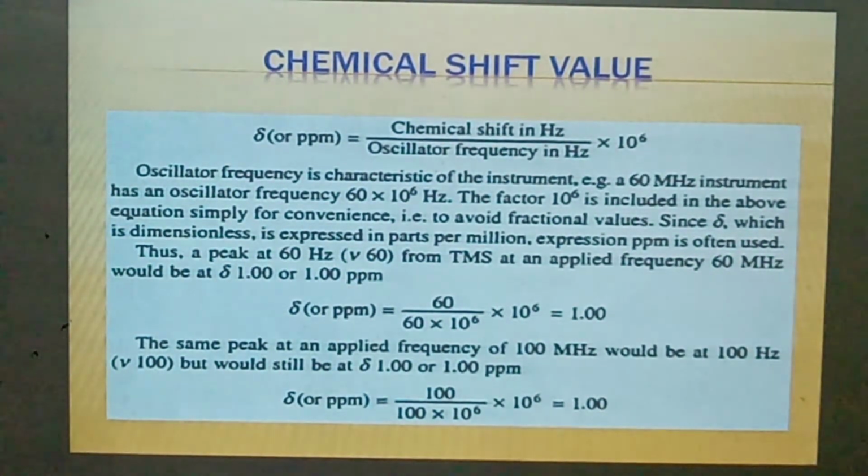Likewise, if you apply this formula, delta for a peak at 60 hertz from TMS at an applied frequency of 60 megahertz would be 1 ppm. If you apply those values in this formula, we get the same 1 ppm.